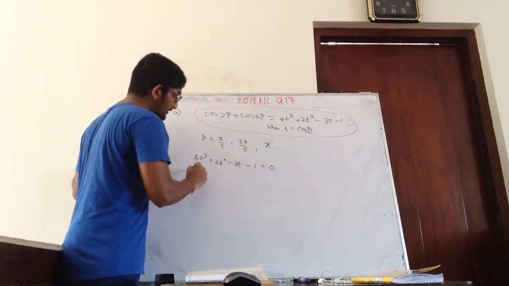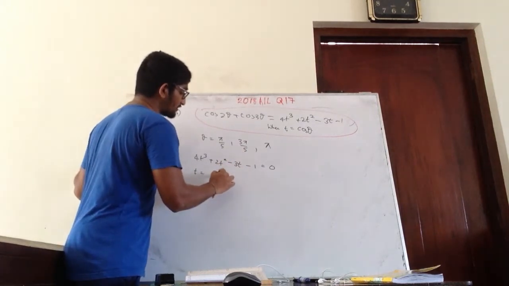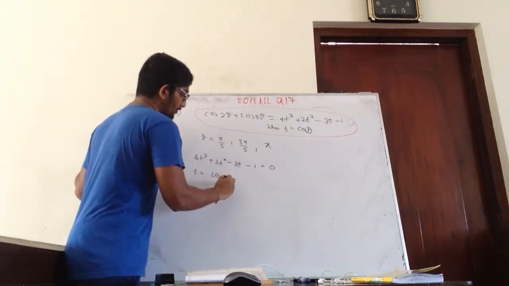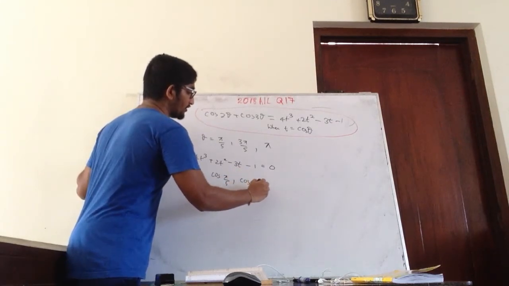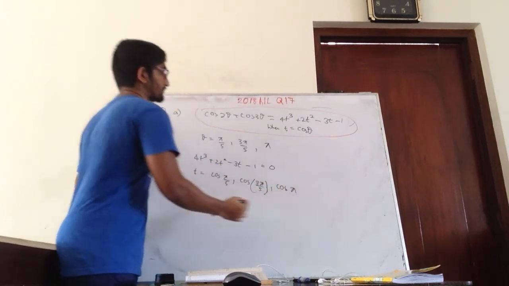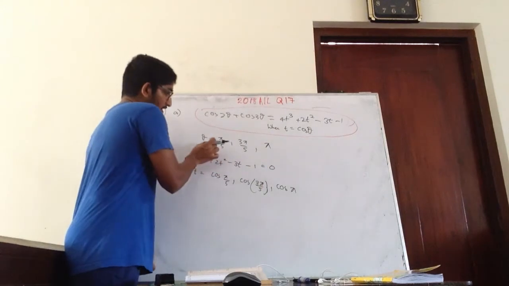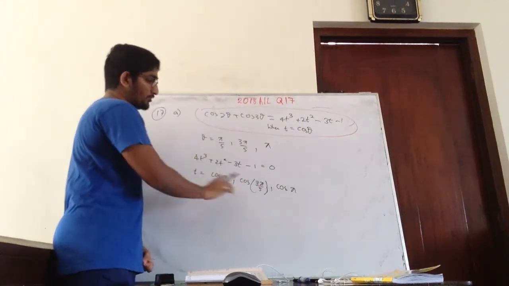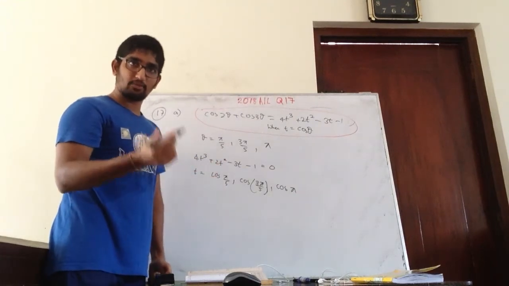That means the solutions should be cos 5 over 5, cos 3 5 over 5 and cos 5. Right? So you put these theta values here and you get the solution. So now these are the three solutions of this equation.